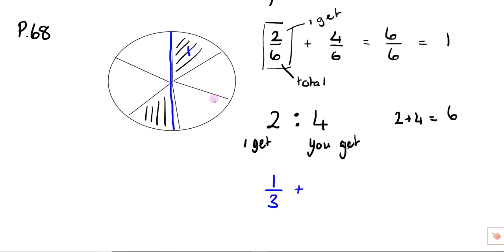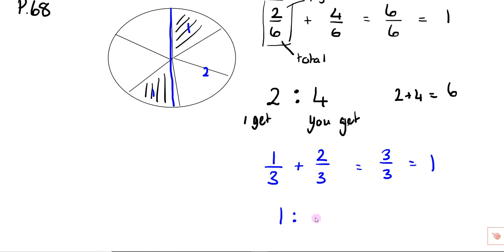So I get 1 for those 3 and I get 1 for those 3. So I get 1 out of 3, and you would get 2 out of 3. Considered like that, I would now get 3 out of 3, which equals 1, the same thing. Now, how could I express that as a ratio?